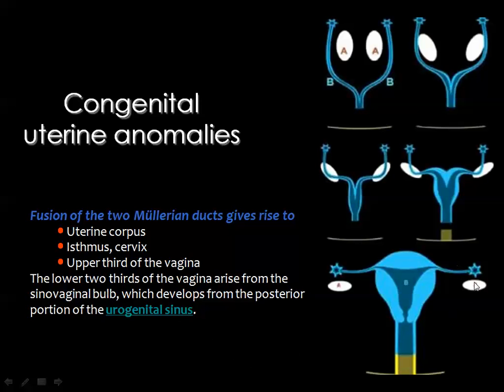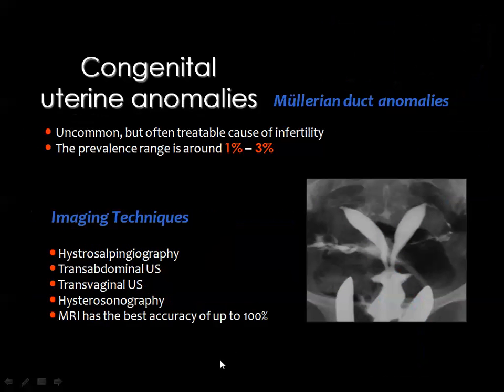Then these are two separate entities, and each will be liable to abnormalities related to the site of origin. The congenital anomalies of the uterus are uncommon, and they represent about 1 to 3% of the population.